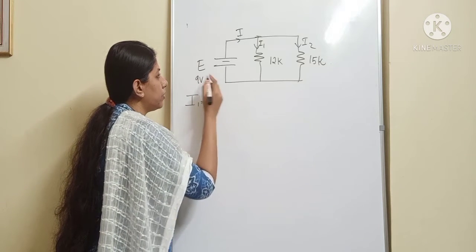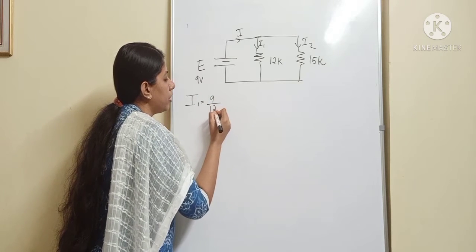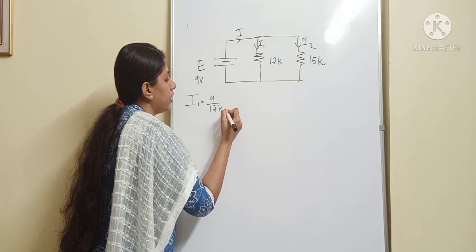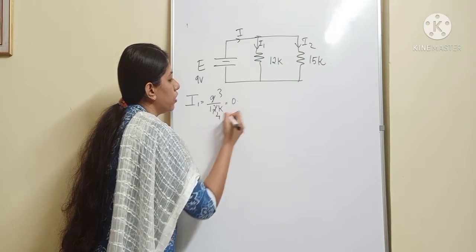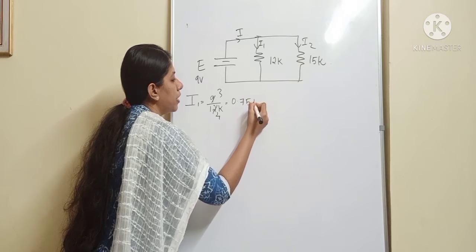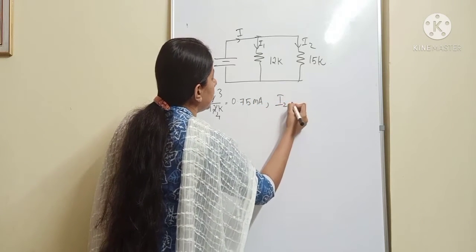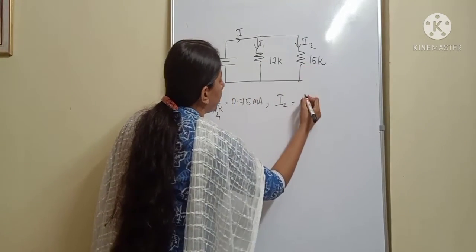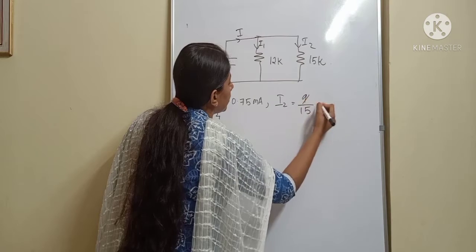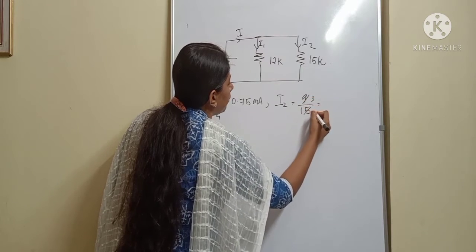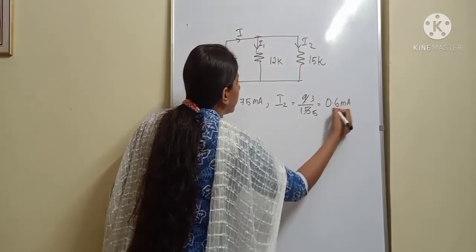I1 is equal to E by R1, that is 9 divided by 12K, which is 3 by 4, therefore 0.75 milliampere. And I2 is given by E by R2, that is 9 divided by 15K, which is 3 by 5, and it is 0.6 milliampere.